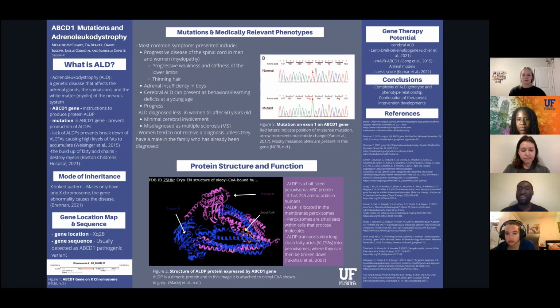Hello, my name is David. And when it comes to gene therapy for X-linked adrenoleukodystrophy, developments have been made for cerebral ALD. Lenti-D is a hematopoietic stem cell gene therapy trial that is being investigated in a phase 3 clinical study for its efficacy in treating CALD, cerebral adrenoleukodystrophy.